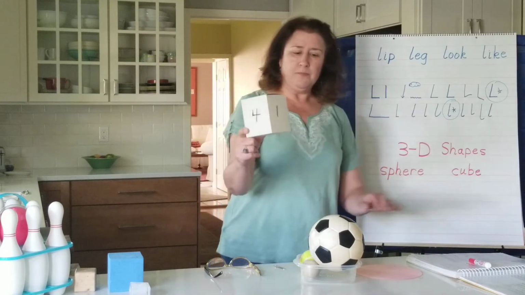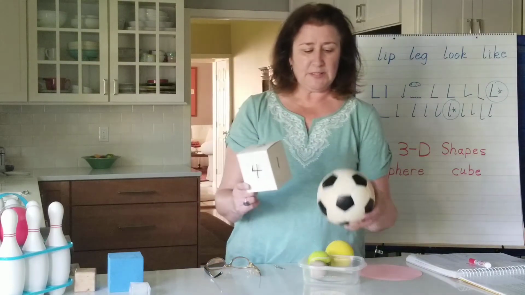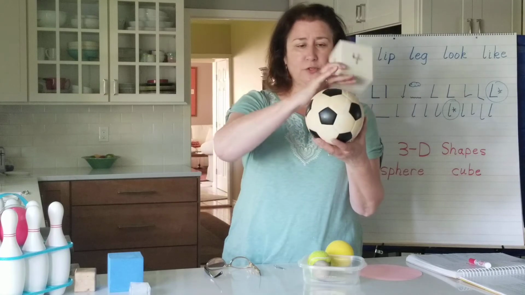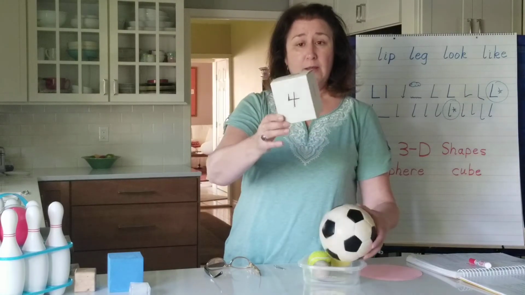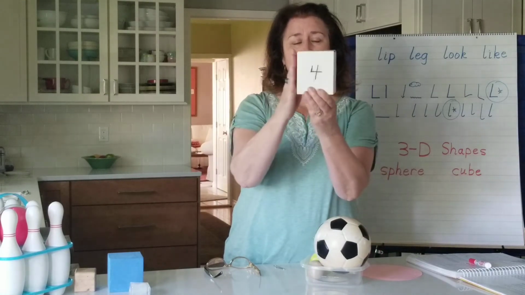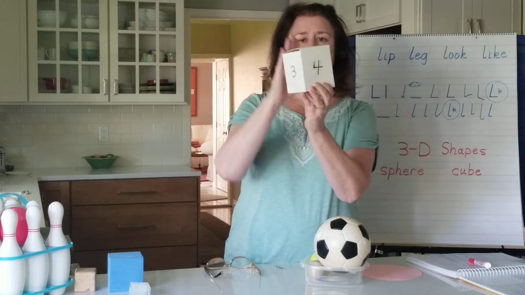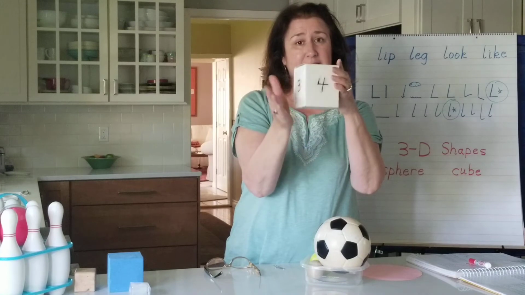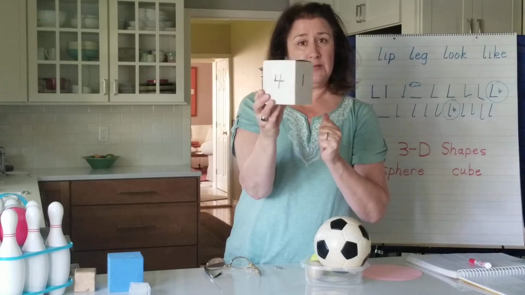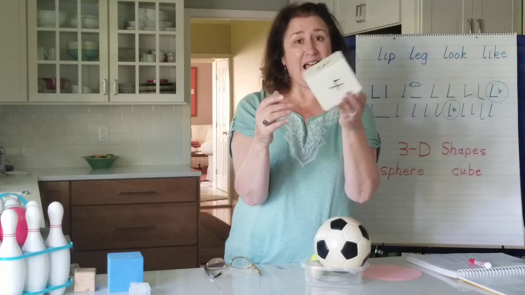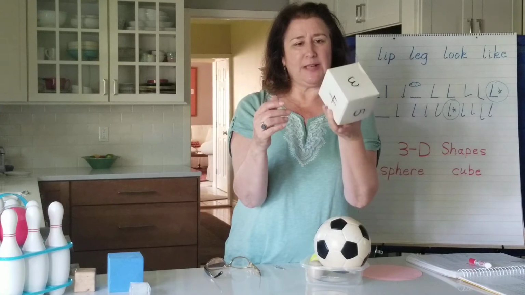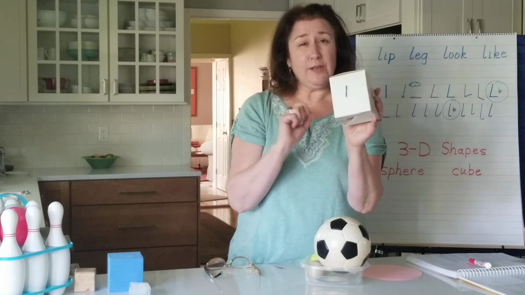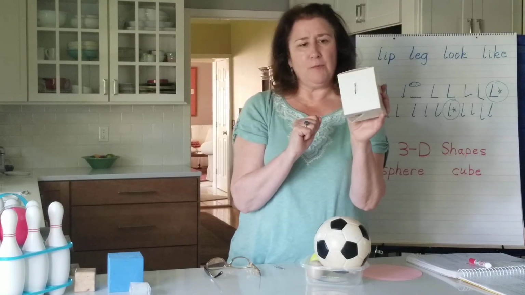Cube. Well, a sphere is completely curved. The whole surface of a sphere is a curve, but you'll notice that a cube has flat faces or sides, doesn't it? Yeah, a cube has flat faces or sides.